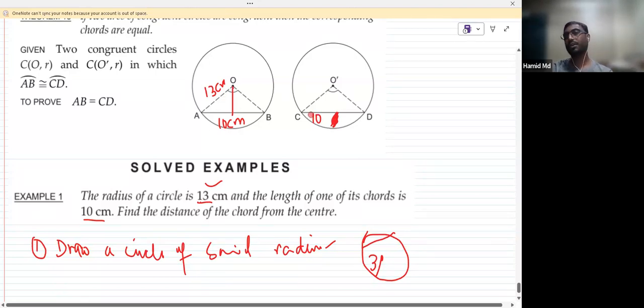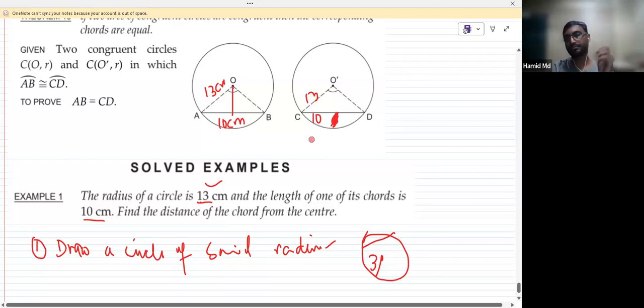Now forget the original measure of that circle. You put it according to your question. So now the radius will be 13 centimeter and the chord length will be 10 centimeter.